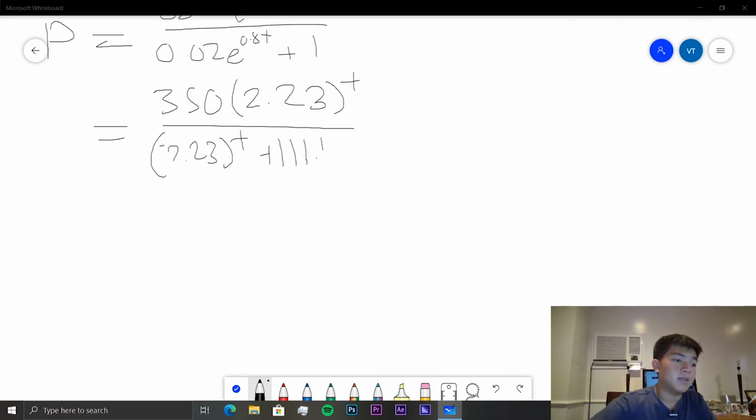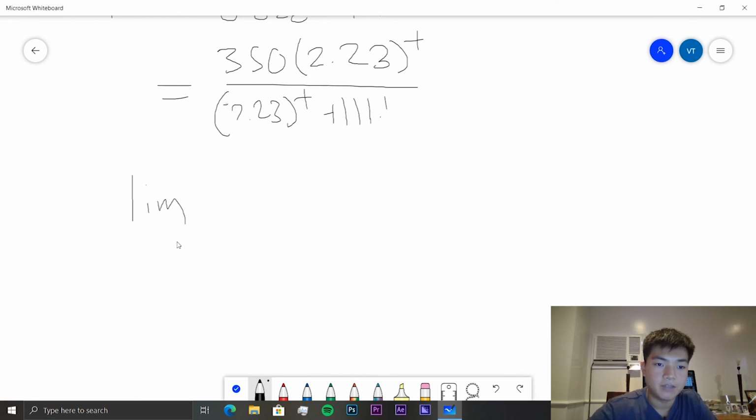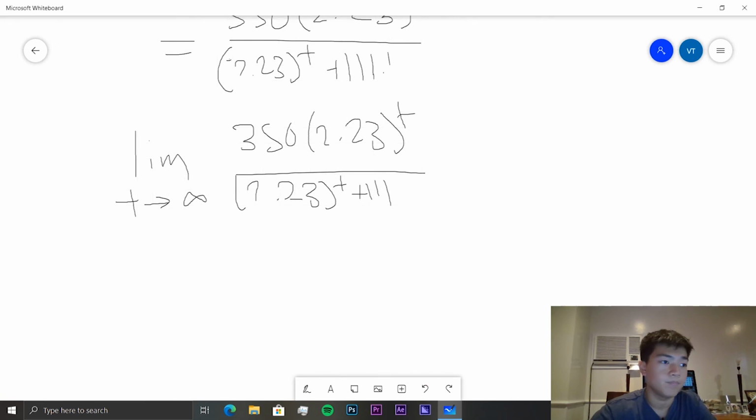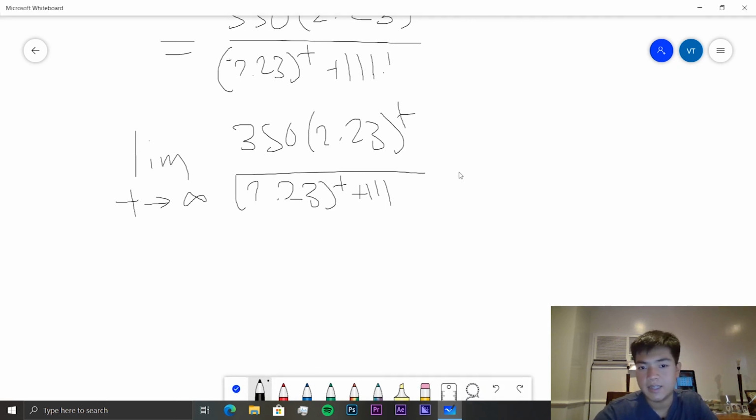So estimate how many people in total will have been infected by the disease. Well, we kind of want to get the limit of this as t goes to infinity of 350 times 2.23^t over 2.23^t plus 111. And this should just tend to 350?